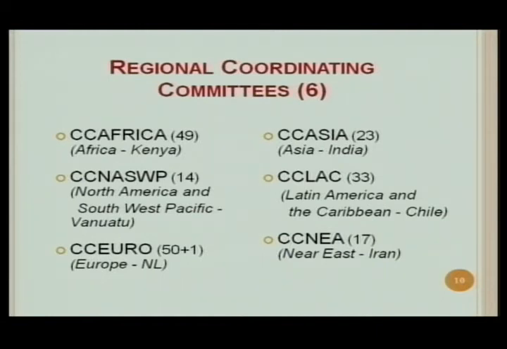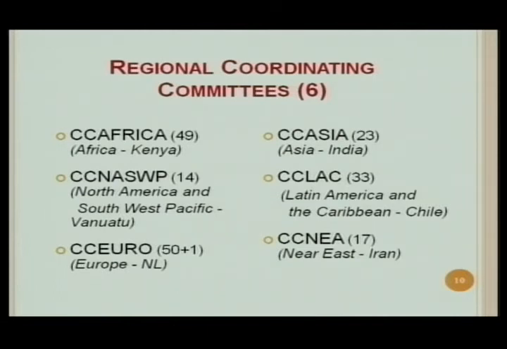So India currently has two committees under its fold, the Spices Committee and the Coordinating Committee for Asia. It is for a period of 2 years and is likely to be extended by another 2 years, and then some other country will chair it, whereas the Spices Committee will continue to be chaired by India.